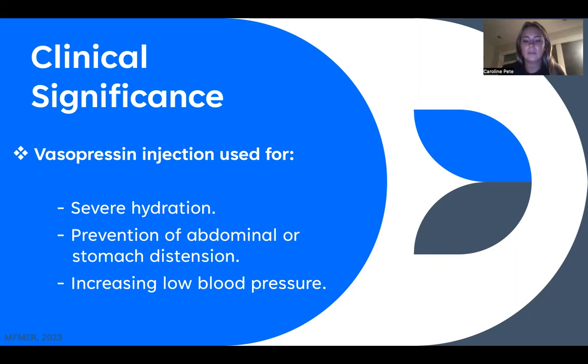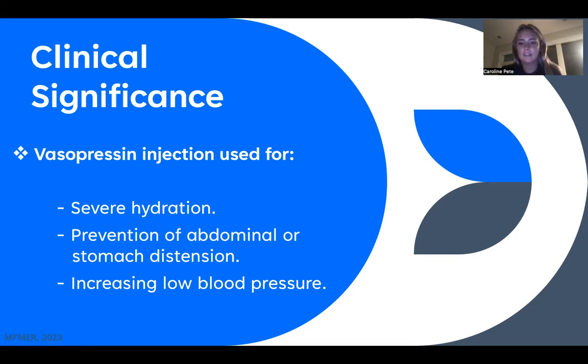Additionally, it can also be used post-surgery to prevent and treat abdominal or stomach distension. Lastly, a vasopressin injection can be used to increase blood pressure in adults with vasodilatory shock if they still have low blood pressure after receiving fluids and other medications.